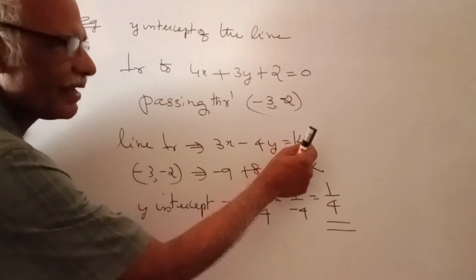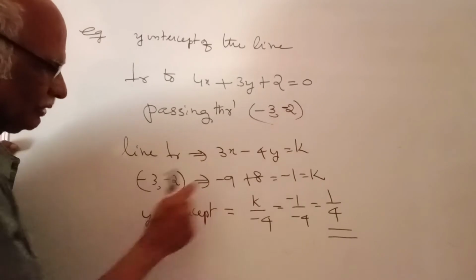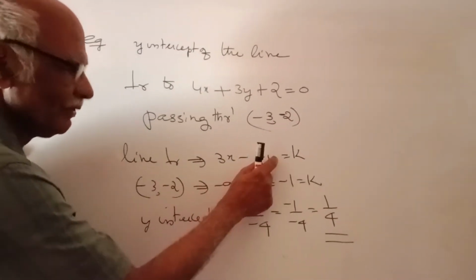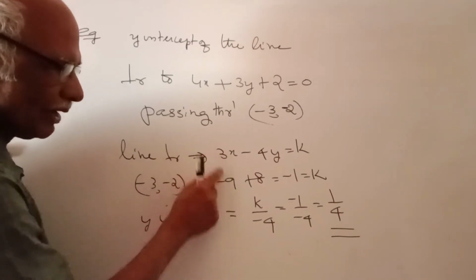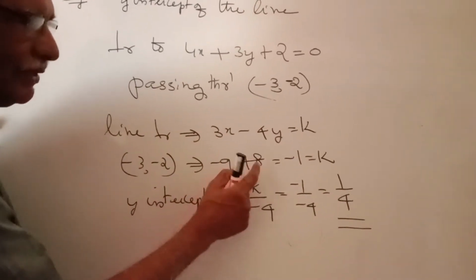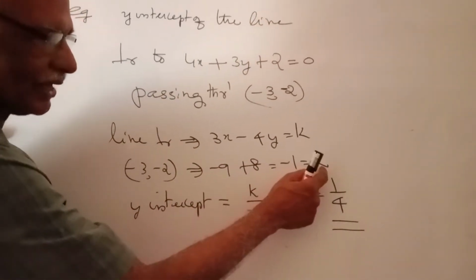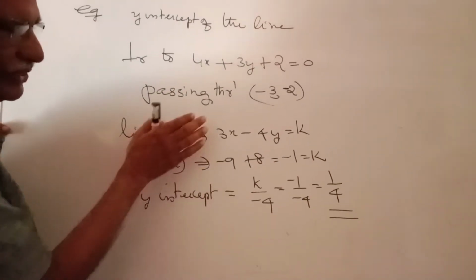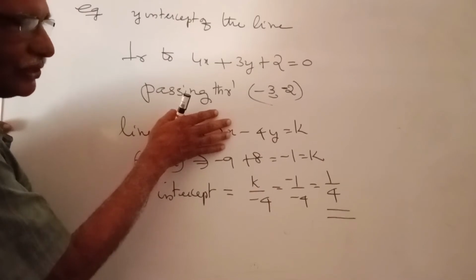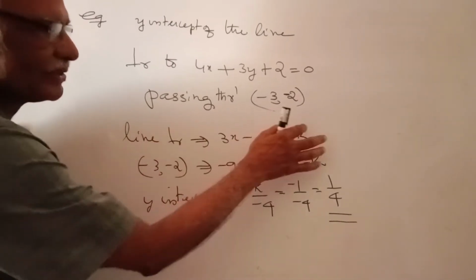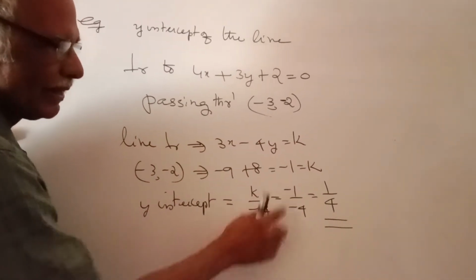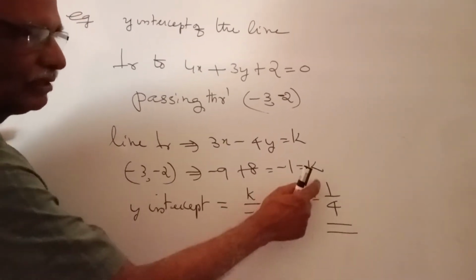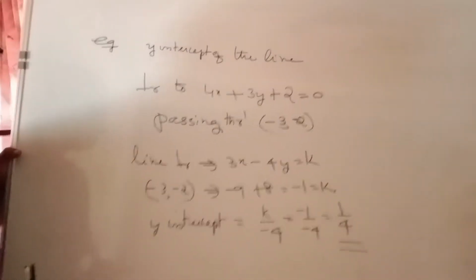This k can be obtained using the point. Minus 3, minus 2 means you have to put x equals minus 3, y equals minus 2. So minus 9 plus 8. This is minus 1 equals k. Finally, y-intercept means you have to put x equals 0. When you put x equals 0, the y-intercept is k divided by minus 4 and k is minus 1. Finally, minus 1 by minus 4, which is 1 by 4.